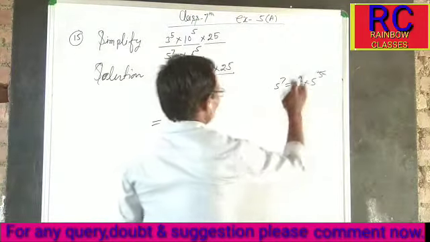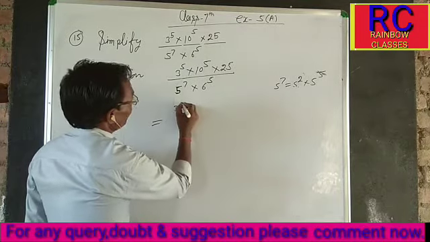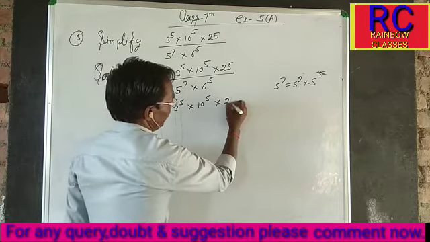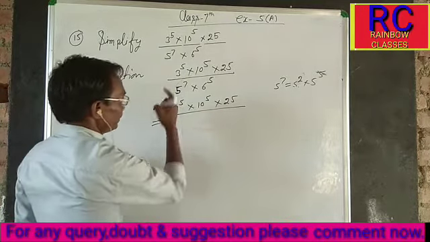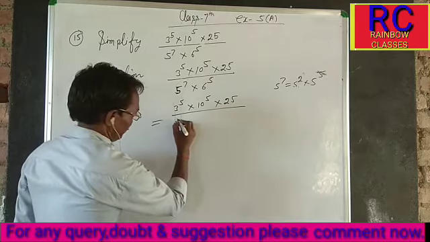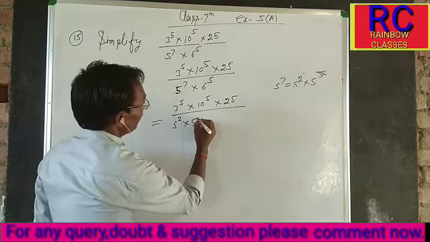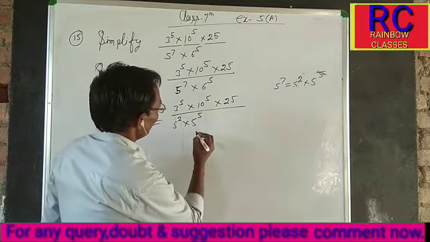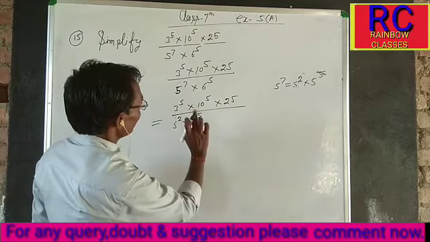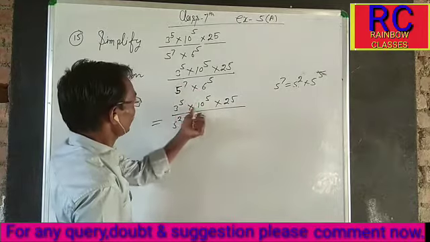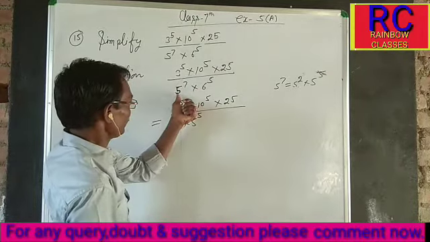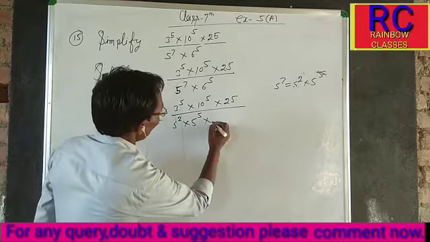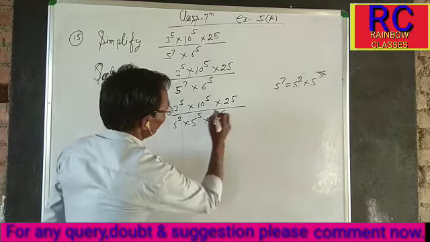So, 3 to the power 5 into 10 to the power 5 into 25 by 5 to the power 2 into 5 to the power 5 into 6 to the power 5.